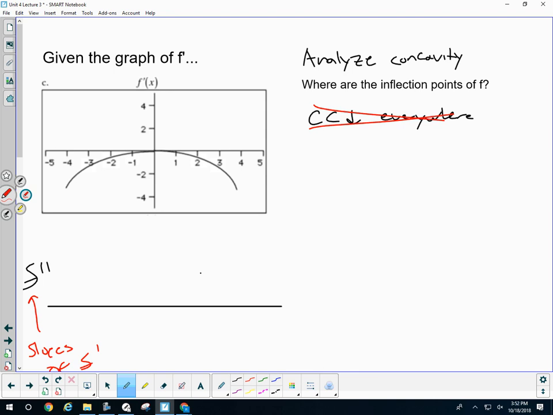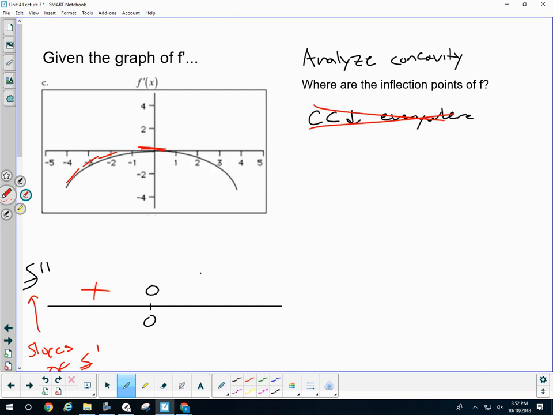Now again, separating positive slopes from negative slopes are what? Zero slopes. Here is a zero slope right there at 0. So I'm going to throw 0 down. To the left, what are these slopes? Positive slopes.